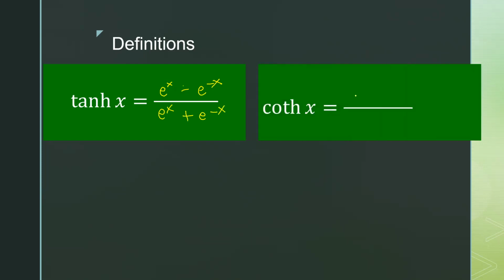Tapos yung hyperbolic cotangent is e to the x minus or plus? Plus, kasi cosh yung una, di ba? Negative x. Tapos dito yung e to the x minus e to the negative x, or simply, this is the reciprocal of tanh. Ayun. So may x po doon ha.